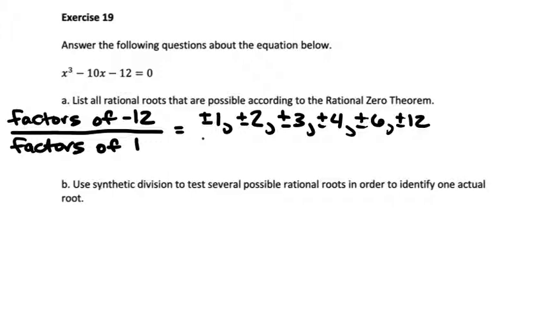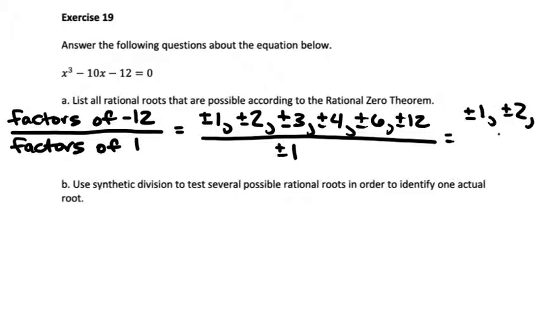Luckily, 1 only has 2 possible factors. It's got to be plus or minus 1. So altogether here, my possible factors are positive and negative 1, positive and negative 2, positive and negative 3, positive and negative 4, positive and negative 6, and positive and negative 12. So there are 12 total possibilities.